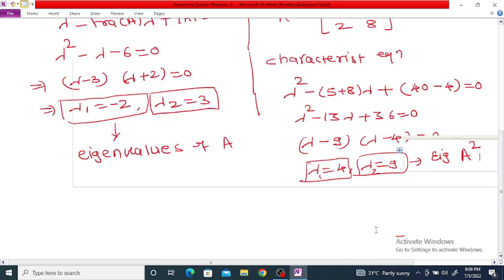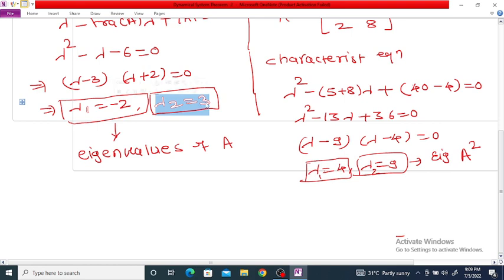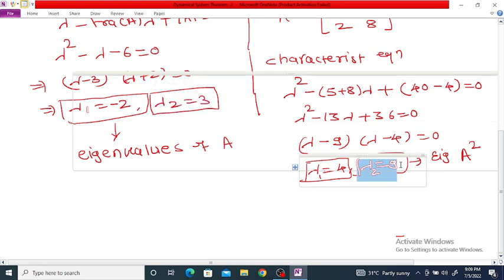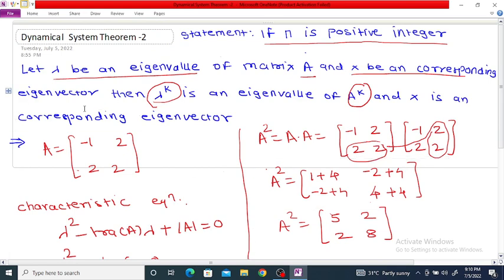You can check, if lambda 1 equal to -2 is an eigenvalue of A, then its square, 4, is an eigenvalue of A square. Similarly, lambda 2 equal to 3 is an eigenvalue of matrix A, then its square, 9, is an eigenvalue of A square. So this is an example.